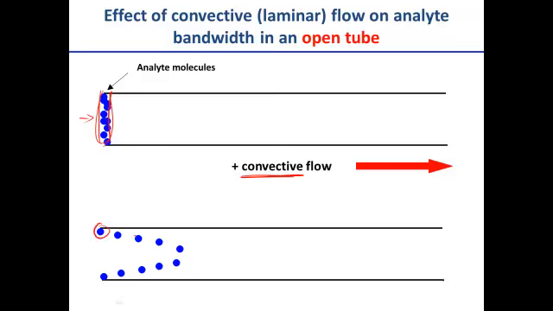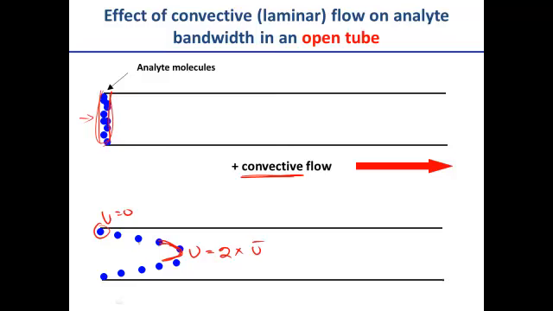In fact, molecules right at the wall basically have a velocity that's zero because they're stuck by adsorption to the column wall. Their velocity is zero. On the other hand, in the center of the tube, where the fluid is moving the fastest, the velocity here is 2 times the average velocity.